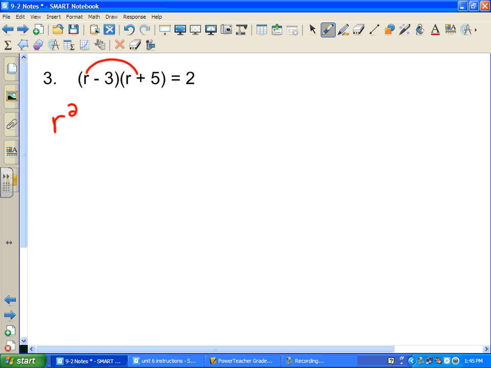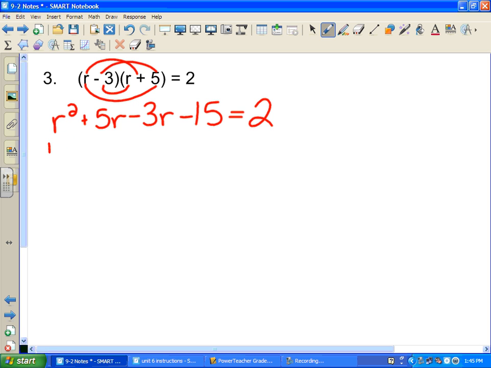R squared plus 5R minus 3R minus 15 equals 2. Combine like terms: R squared plus 2R. What would my constant be? Negative 17. Bring the 2 over so you can subtract 2. It would be minus 17.